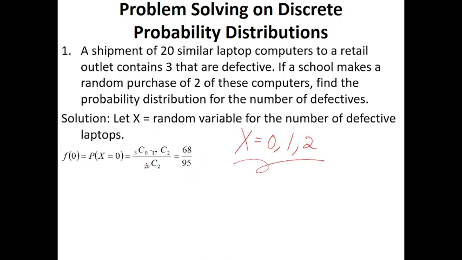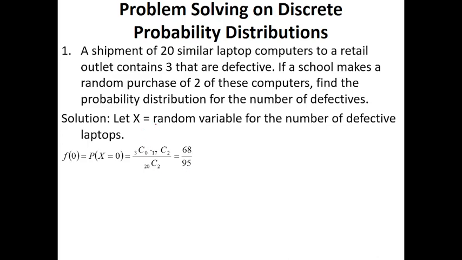So ano yung probability na walang defective? Okay, paano nakuha to? So in here, we have f of 0 equals the probability that the random variable x equals 0, and that is equals to 3C0 times 17C2 over 20C2, which is equal to 68 over 95.